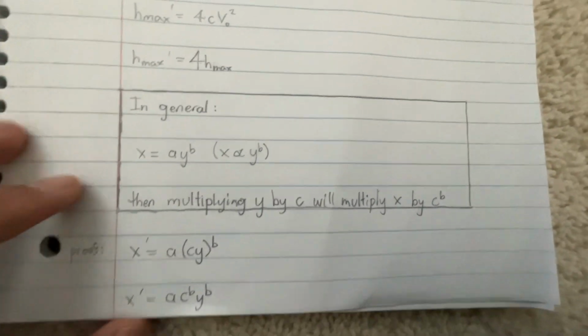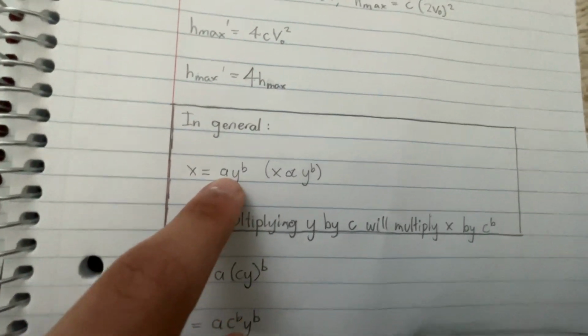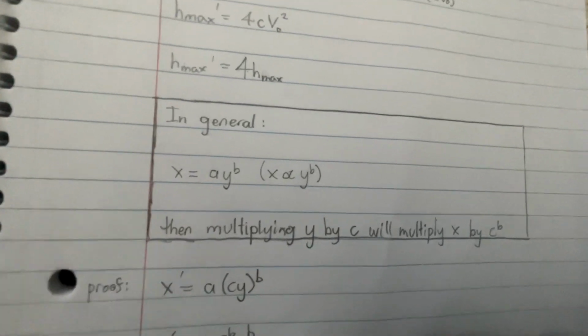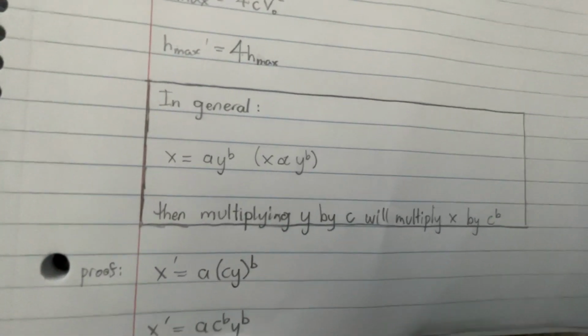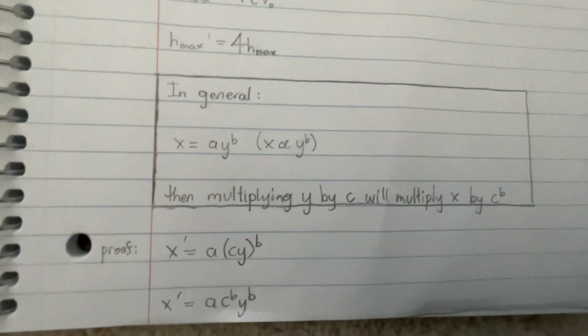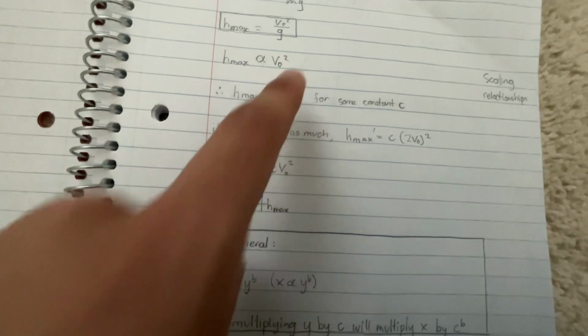So in general, what does this mean? If x is equal to a times y to the b, or x is proportional to y to the b, then multiplying y by c will multiply x by c to the b. As shown above, we multiply by 2, so it's 2 squared, because this is squared.